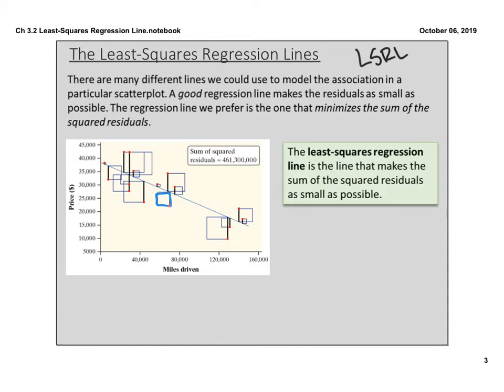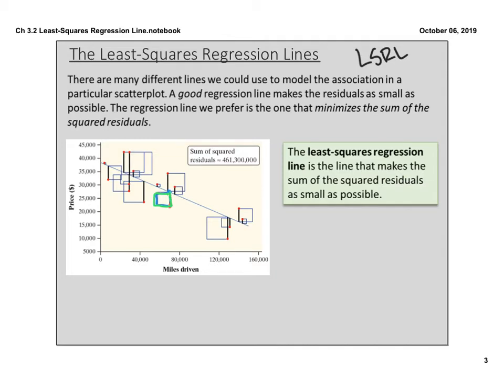So for example, this one that I just highlighted right here, here's my data point. Here's the point on the LSRL. This box, I'll put it in green so you can see it a little better. That green box is the square of the area. It's basically the area of the residual.